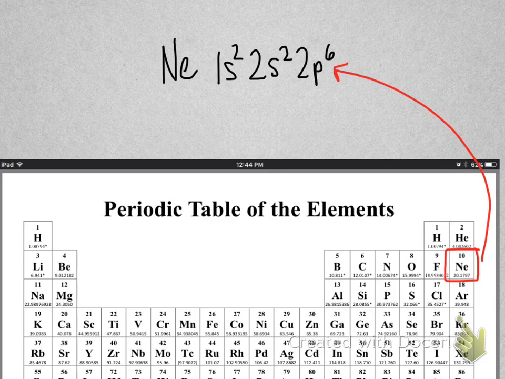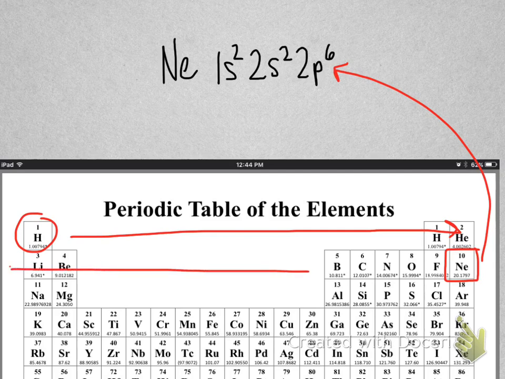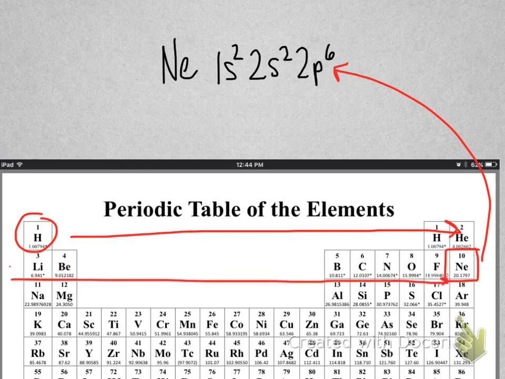And we know that as we move, starting with hydrogen, across the periods and down to the next period and across the period, every time we move over one, we add one proton because the elements on the periodic table are ordered by their number of protons. Well, because of what we know about the number of protons and electrons in any neutral element being equal, that also means that anytime we move over one, we add an electron.